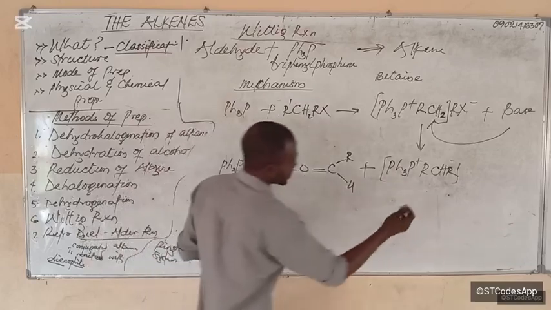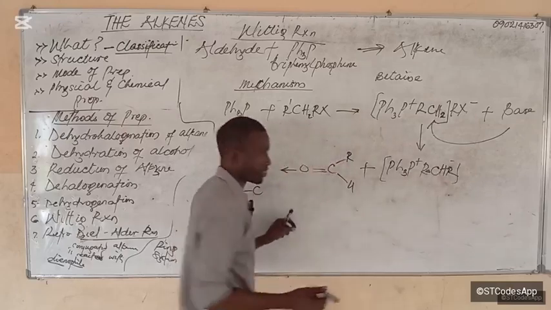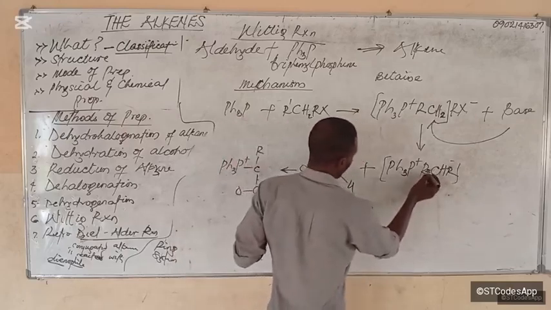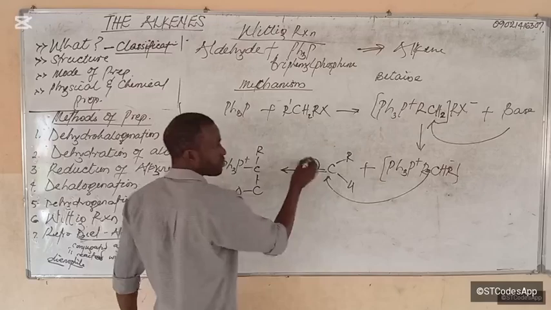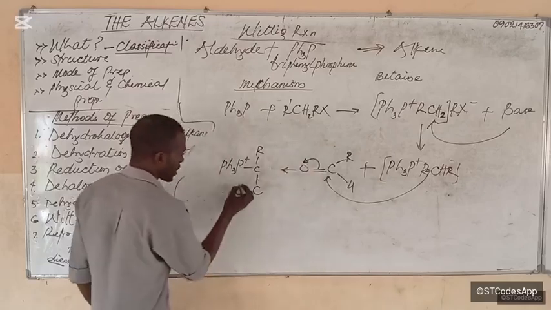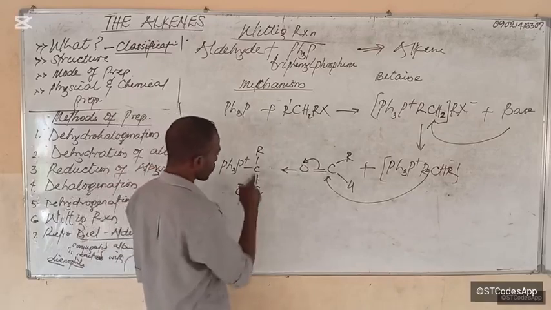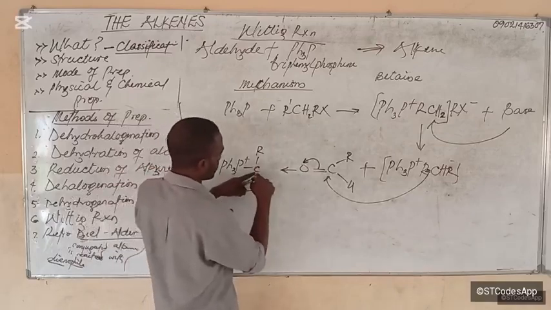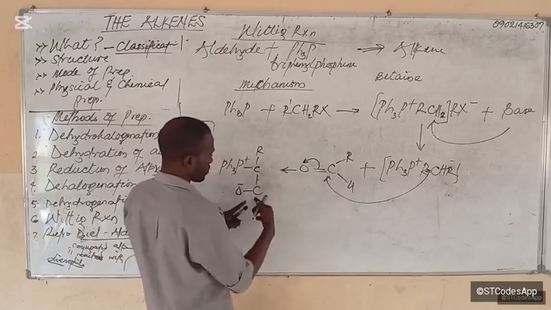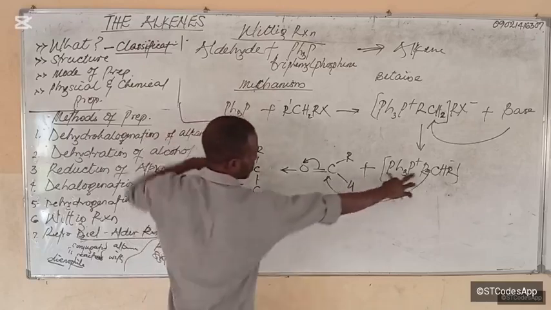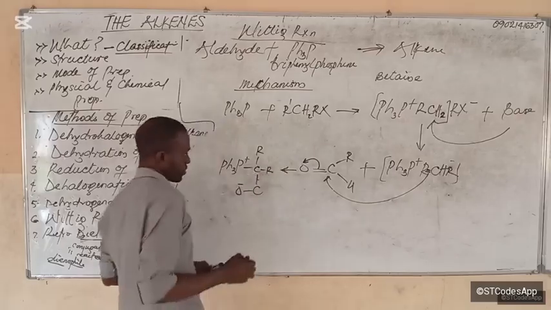Then there is already a double bond here. Okay, I didn't put that, sorry. This double bond will attack this double bond, and then this bond will cleave to this oxygen. So you now have a minus here. Does that make sense? So when that occurs, then you have this C, that is already bonded with this. Then this is bonded to R, all right?